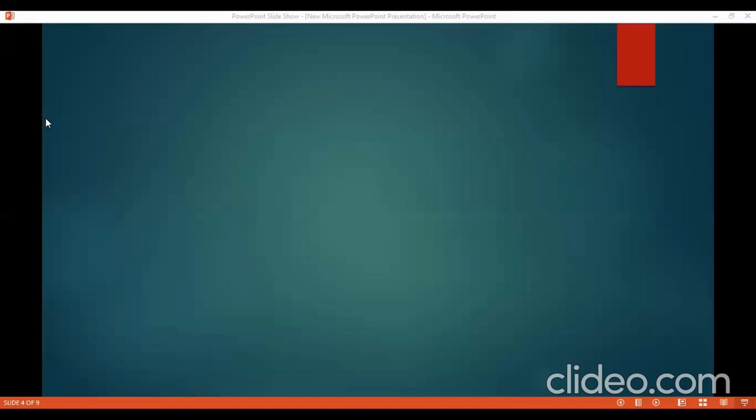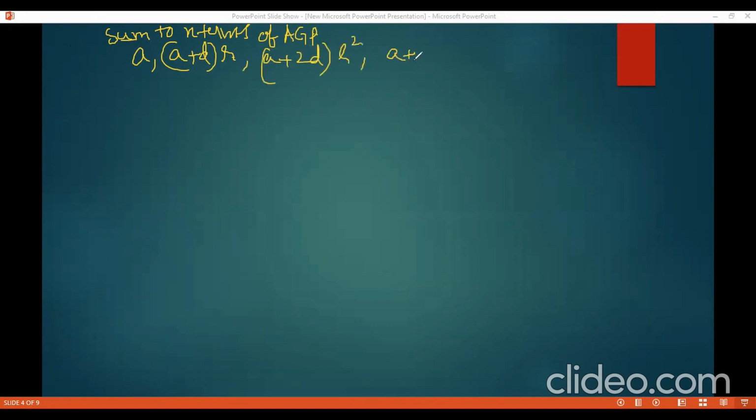What is our sequence? a, a plus d r, a plus 2d r squared, a plus 3d r cubed, plus so on.